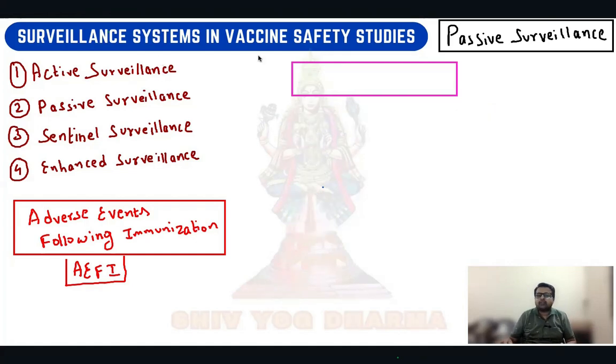Now let us look at the limitations of passive surveillance, because these limitations give scope for other methods like the sentinel method and the enhanced surveillance method. It seems strange that it can have limitations, because it addresses such a big problem.